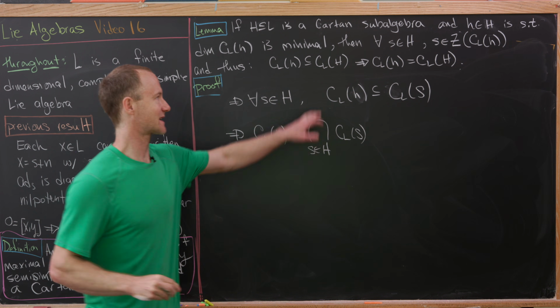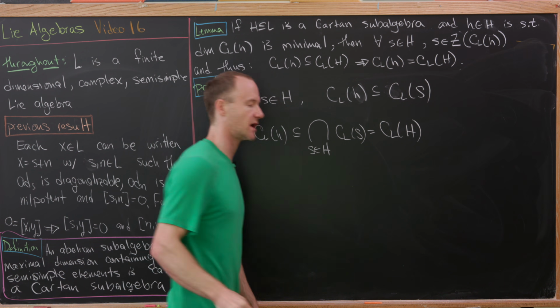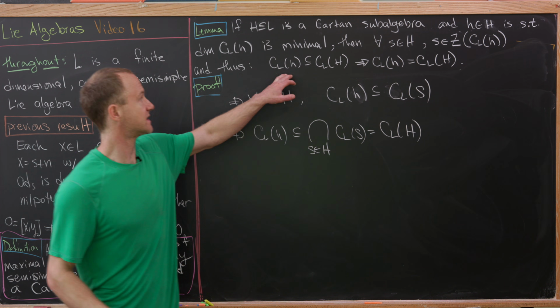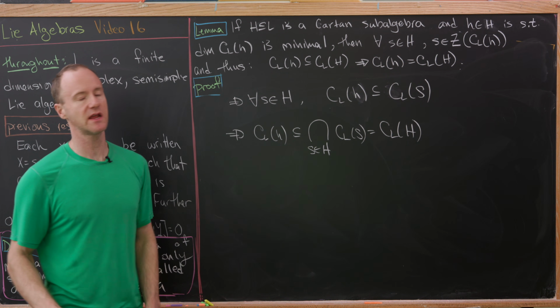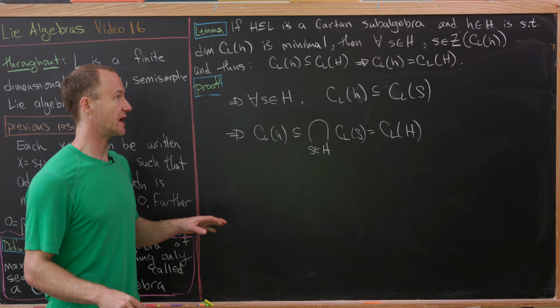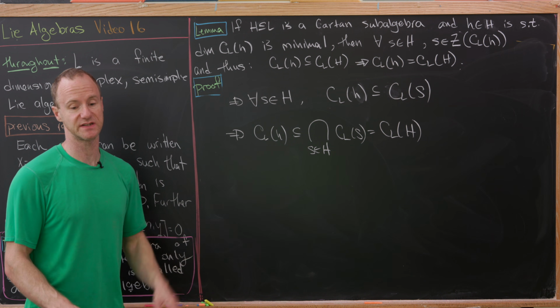But this exactly gives us the centralizer of the whole Cartan subalgebra. But then that gives us this inclusion right here. And then we started this whole thing off by saying why that immediately gives us this equality. So that finishes this proof.